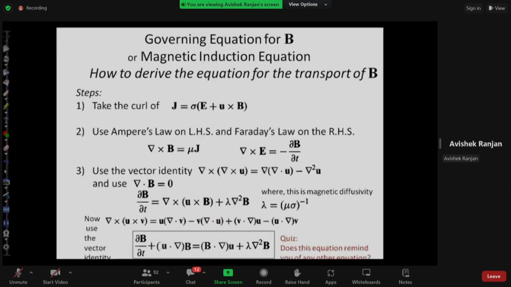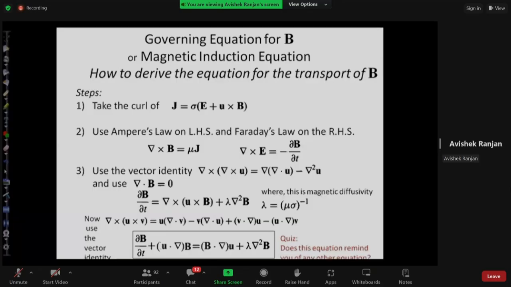The answer is that it resembles the equation for vorticity. So it resembles the vorticity conservation equation, where instead of lambda you have nu, the kinematic viscosity, and instead of B you have the vorticity, of course, but the other terms are exactly the same, and therefore the interpretation of the various terms is also exactly the same.